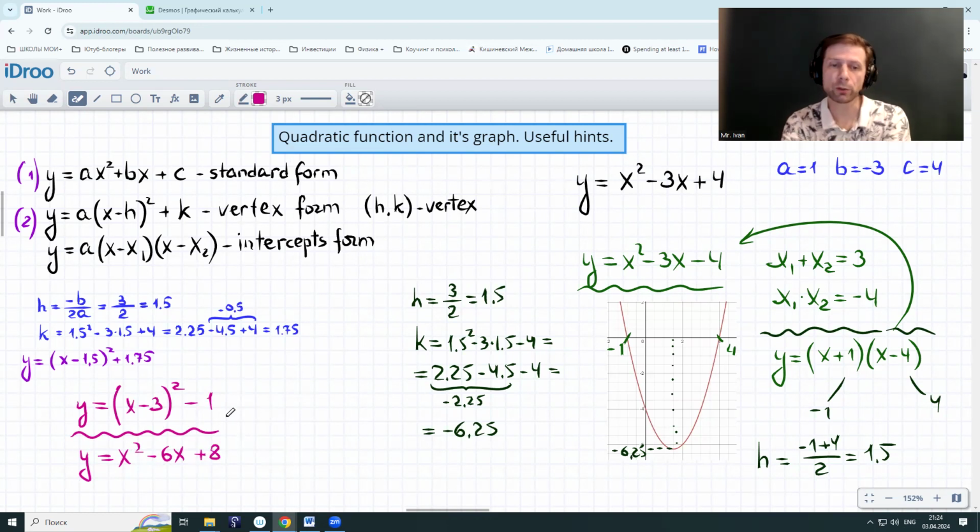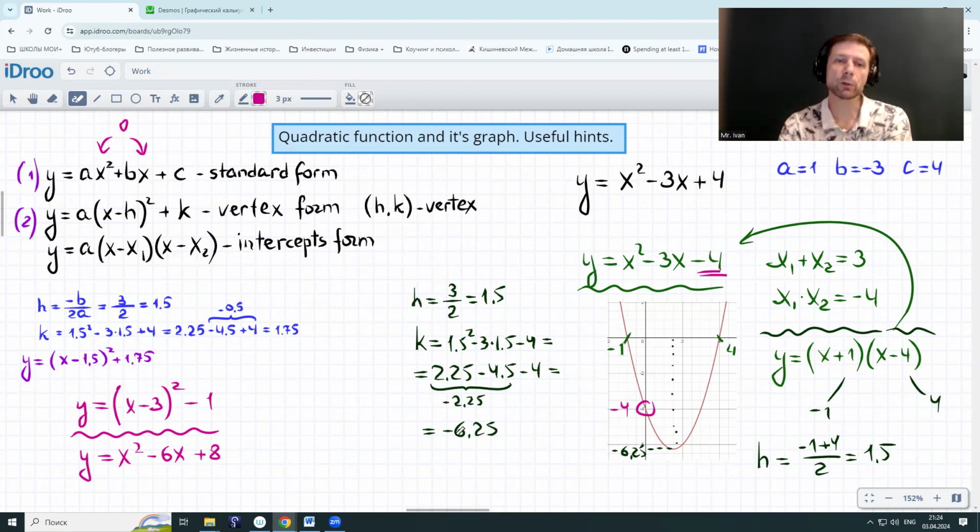One more thing which I want to mention is, if you substitute 0 into the standard form instead of x, you right away get c. So basically, in the standard form, c is the y-intercept. So we had this negative 4 here, see? It's exactly here, it's negative 4.